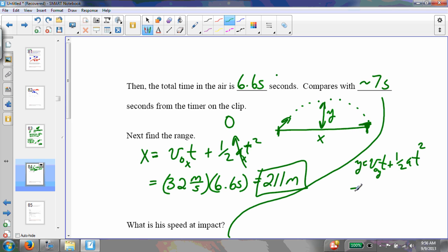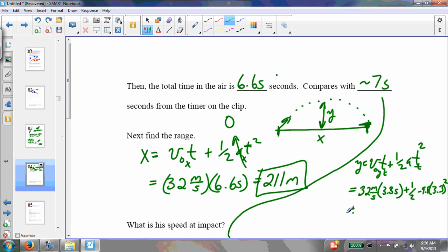So I'm going to put in my t top. It's going to be 32 meters per second times 3.3 seconds plus 1/2 of minus 9.8 times 3.3 squared.